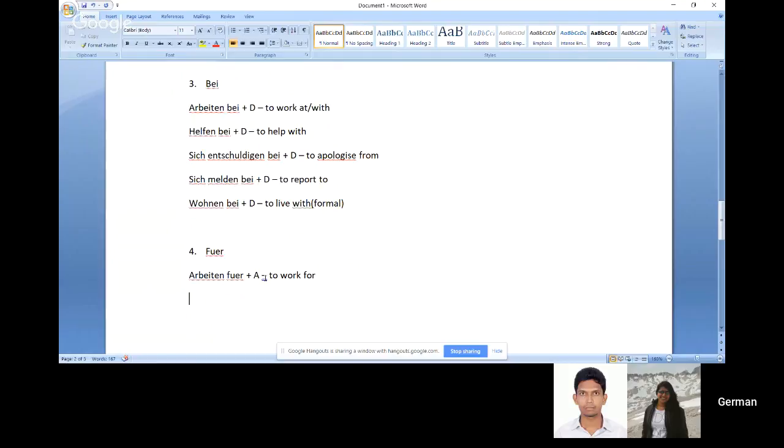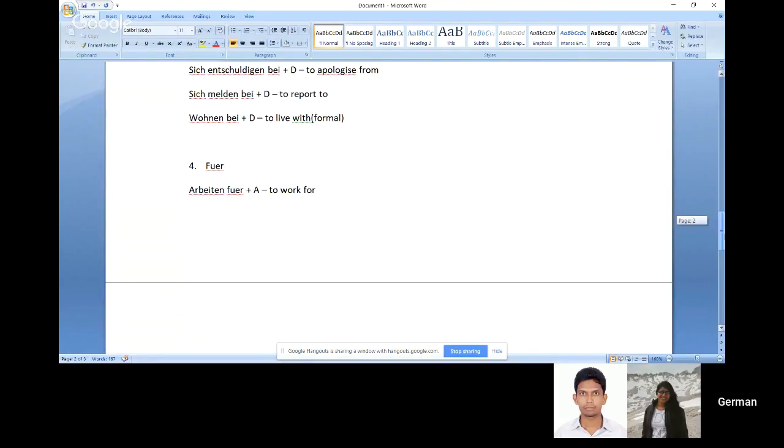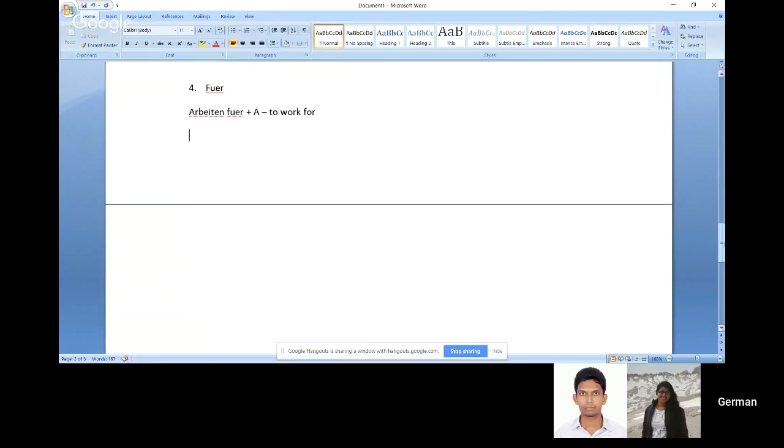Ich arbeite für plus accusative means to work for, aber ich arbeite bei plus dative bedeutet to work with or to work at. So a few verbs might take more than one preposition as their fixed preposition, but their meaning changes. We would also have wohnen and a few other verbs which would take more than one preposition.